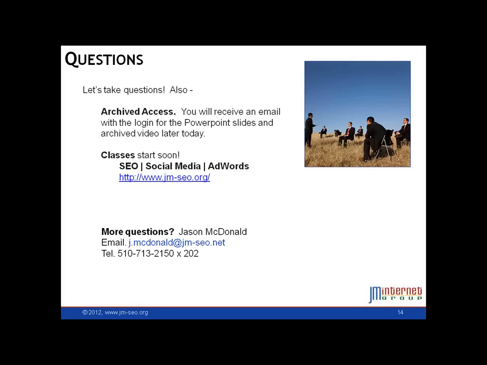Okay, this person says, since Google also includes searches with synonyms, is it better to use multiple keywords of the same topic, for example, photography, photographer, etc., or just use one form of the word? There's no easy answer to that question. In terms of SEO, the principles that Google operates on are best matching principles.